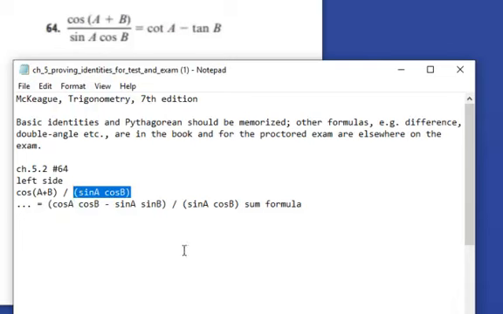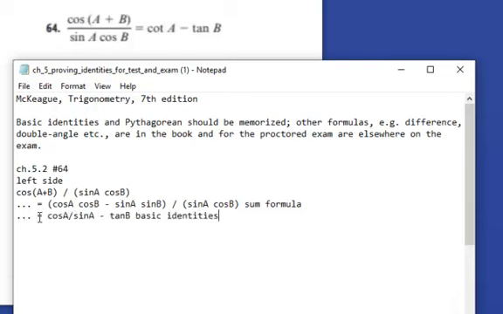So there it is. Okay, then I'm going to realize that as I divide the first term by the denominator, the cosine B is going to divide out, and I have cosine A divided by sine A, and something similar is going to happen with the second term in the numerator. As I divide here, notice that the sine A divides out, and I have sine B over cosine B, which I identify as tangent B right away.